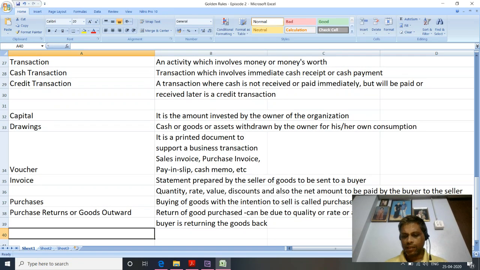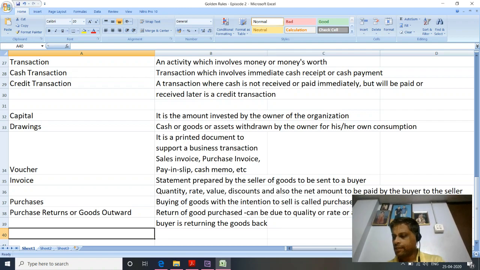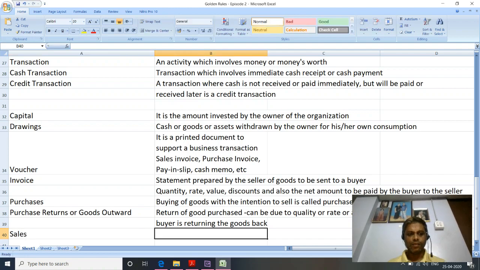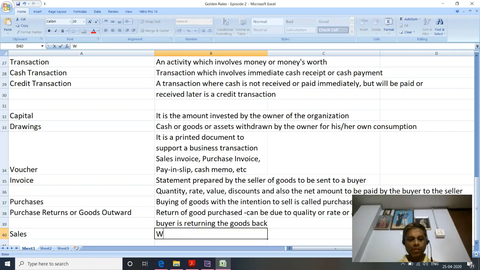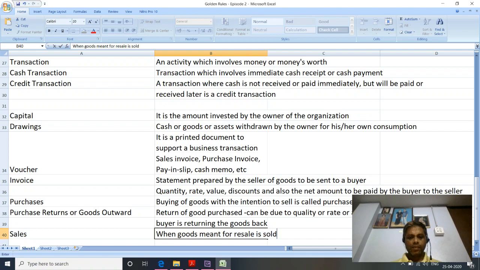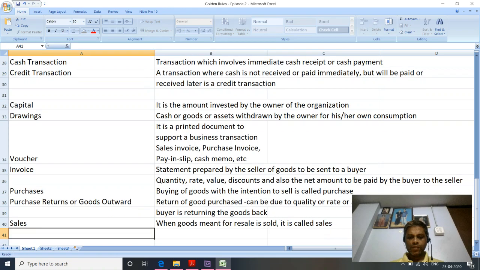Then the next item we will be seeing is sales. When there is a purchase, obviously we have to discuss sales. When goods meant for resale are sold, it is called sales.